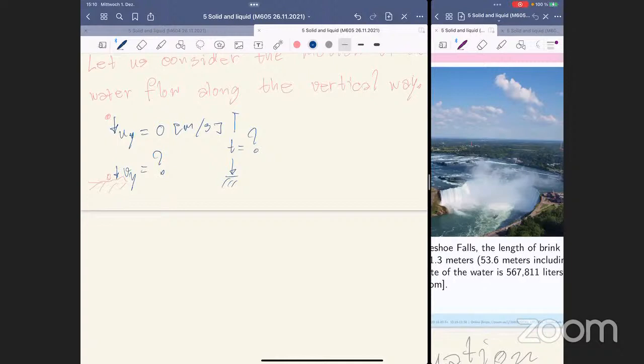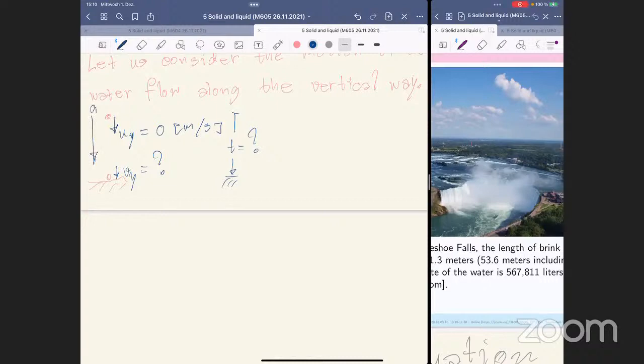But this is the motion that is forced by or is regulated by the acceleration, right? Because there is a force acting all the time on the water drop or the water flow here, right? And that acceleration is this one.